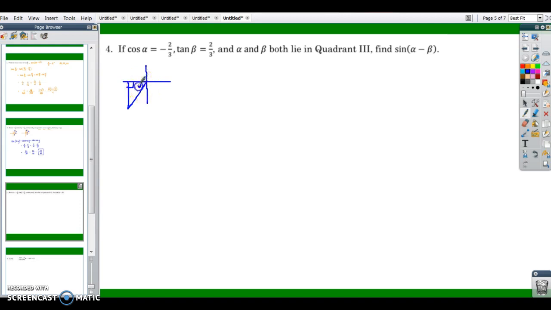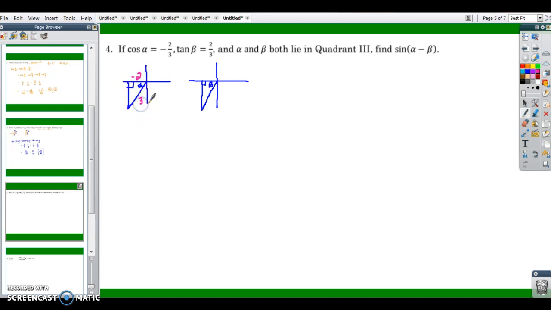So here is alpha, now beta. You have to multiply them. Cosine is adjacent over hypotenuse, so it would be negative 2 over 3.